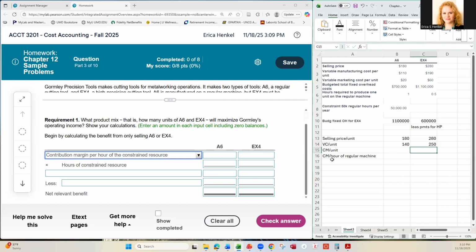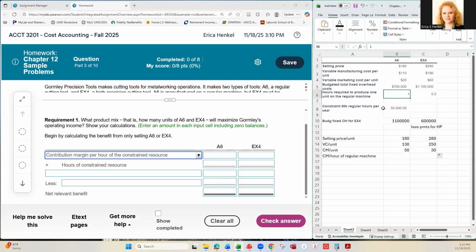So that gets us a contribution margin per unit, which is the sales price minus the variable cost per unit. That gets us, let's see, 180... 120. Oh, that should be 110. I got a typo. Okay, so per unit, we have a $50 contribution margin.